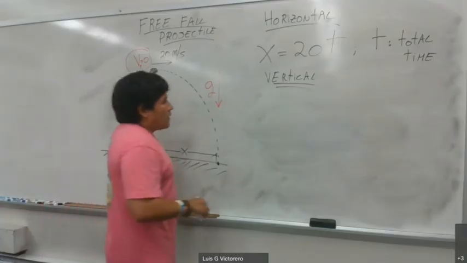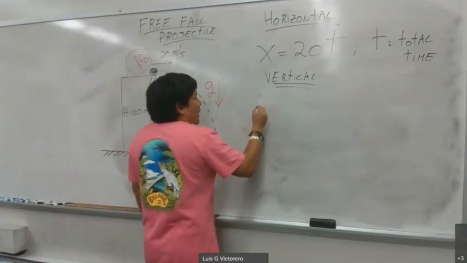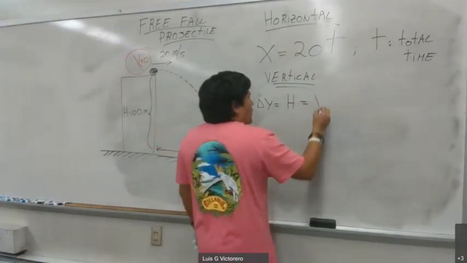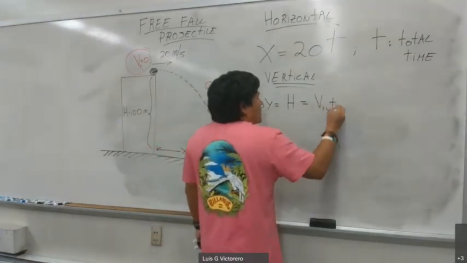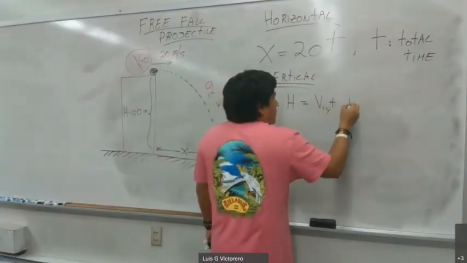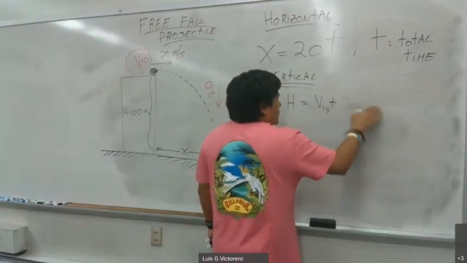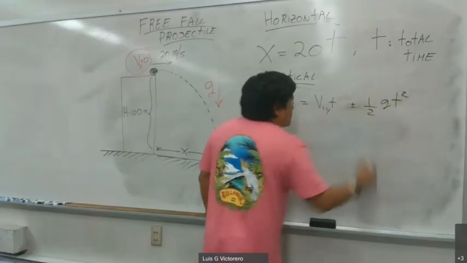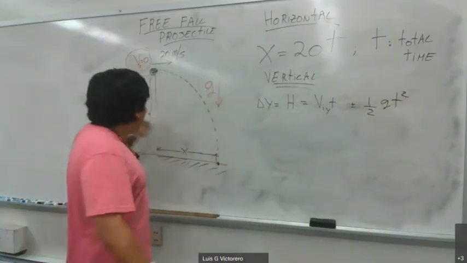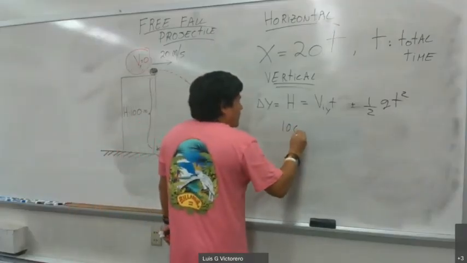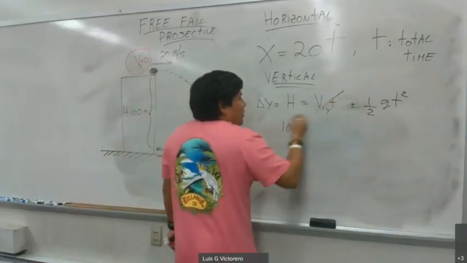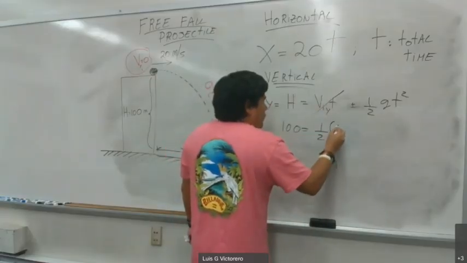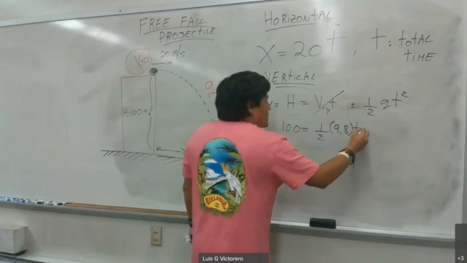Now, we know that delta y, which is the value of the height, is equal to v initial of y times time, the same time, plus or minus 1/2 gravity. The value of h I have is 100. V initial y is 0 and it's gaining. So it's just 1/2 gravity times time square.